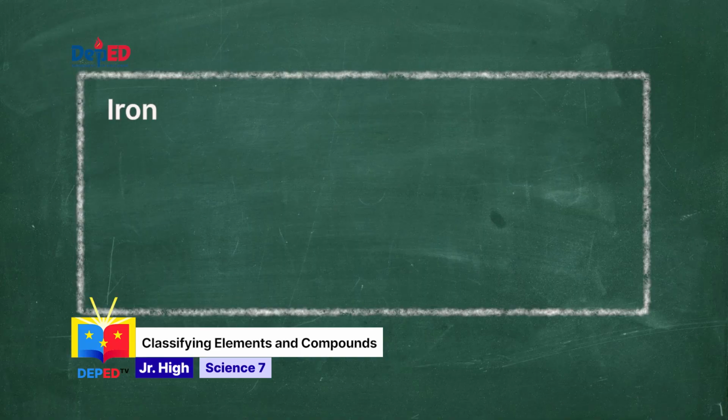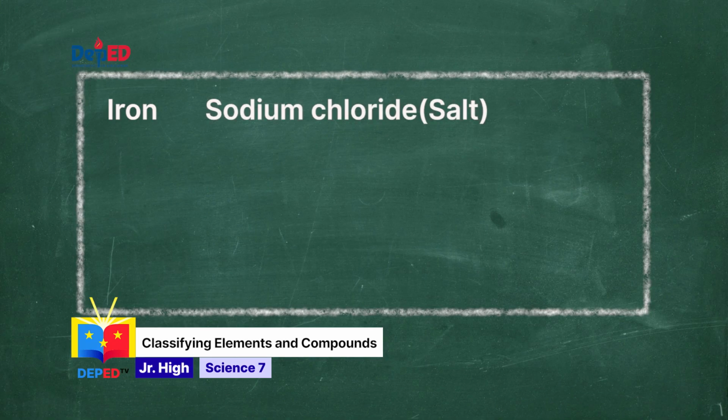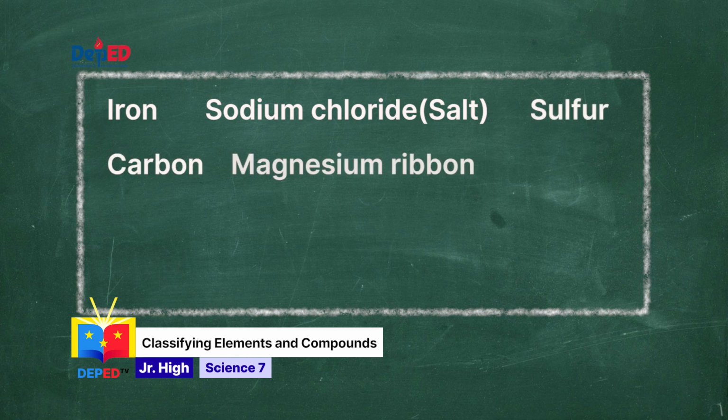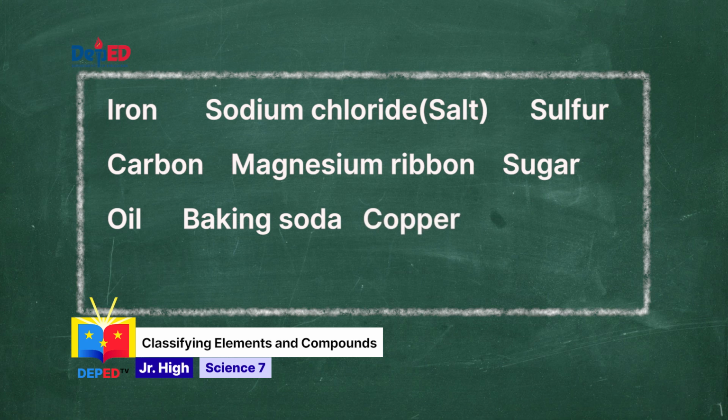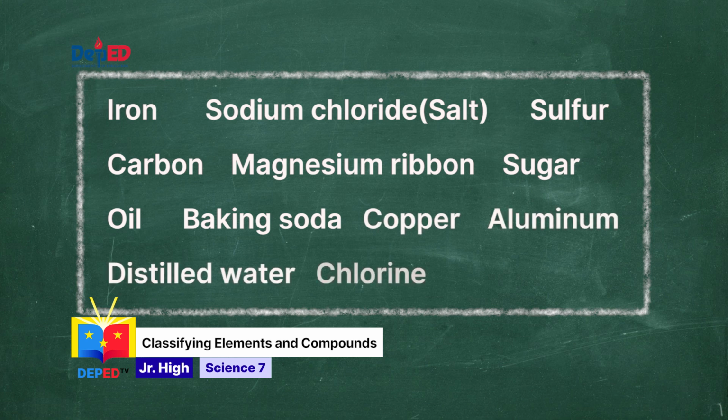There are iron, sodium chloride, sulfur, carbon, magnesium ribbon, sugar, oil, baking soda, copper, aluminum, distilled water, and chlorine. Classify which among them are elements and compounds. I will give you enough time to accomplish it.